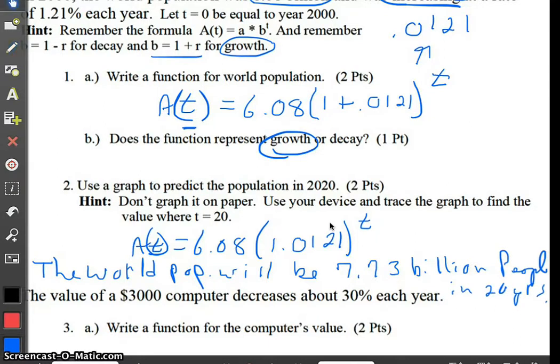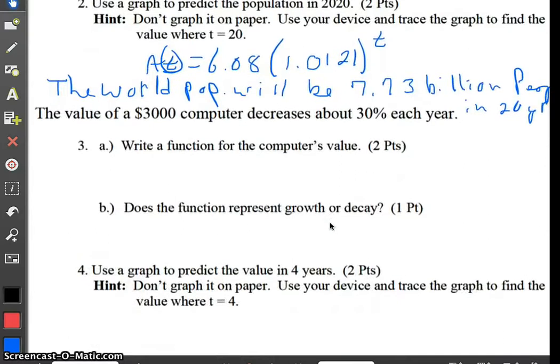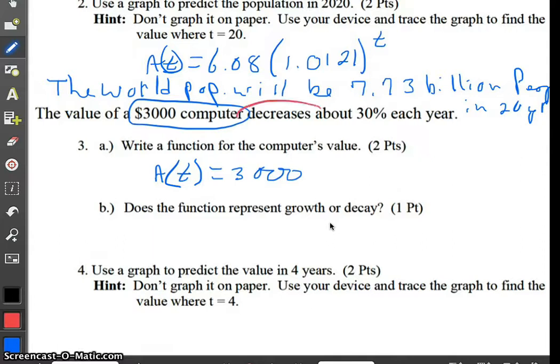Now let's go to the second one. It says write a function. First of all, what is my initial value? Remember the formulas that I put up above. We're going to have A of t, the amount after t. It says here your computer was $3,000 when it started, so it's going to be 3,000. And it says right here, decrease.